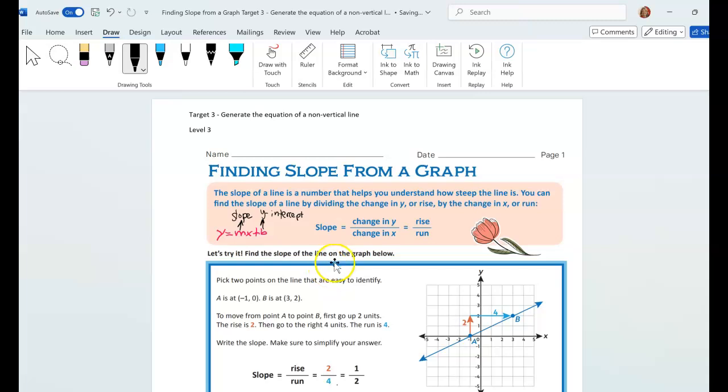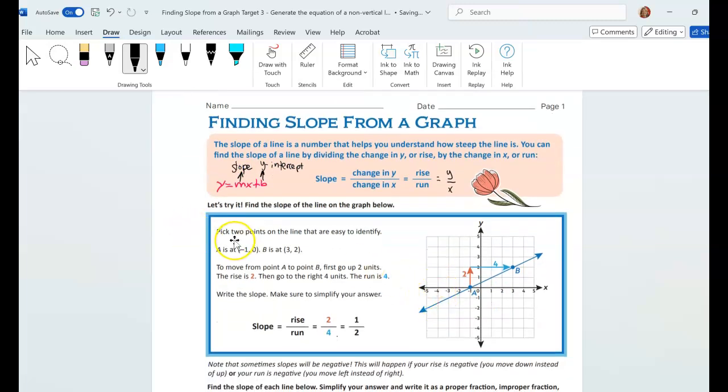I know it sounds complicated, but it's really not. Slope is the change in y over the change in x, which is rise over run, which is y over x. We're going to pick 2 points.